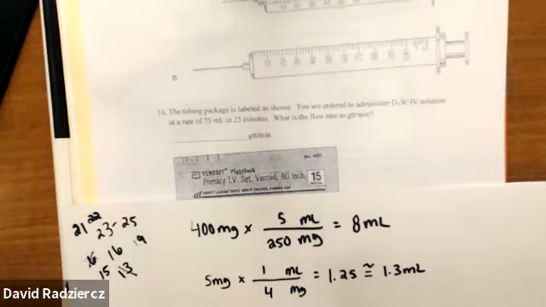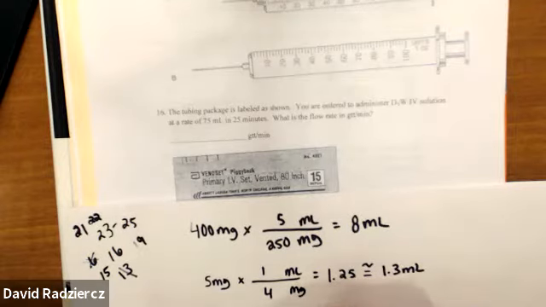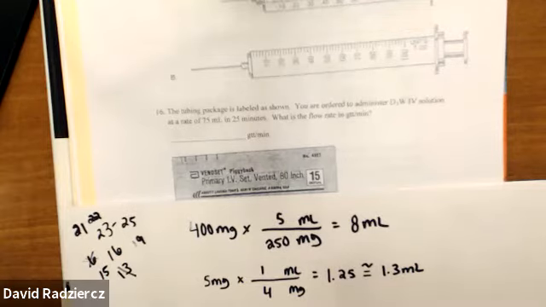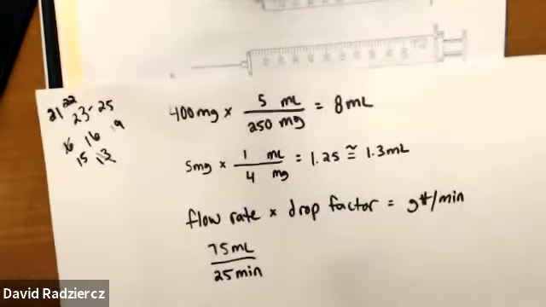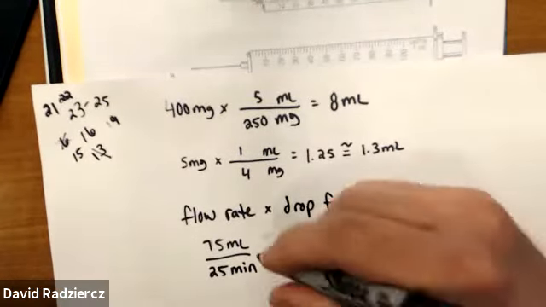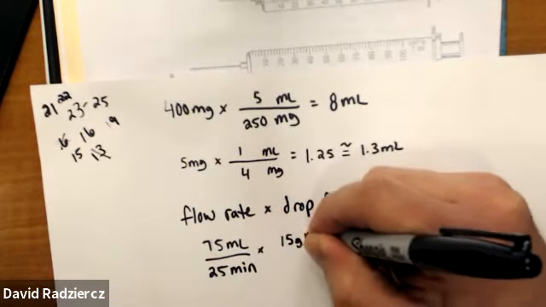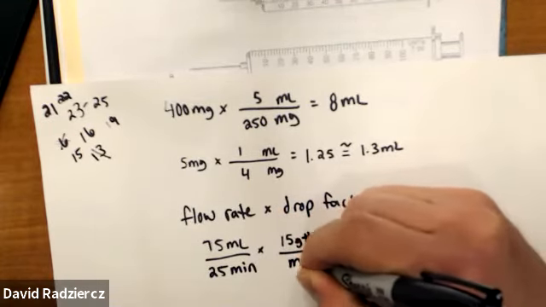Okay. So it says you're ordered to administer the dextrose 5% water IV solution at a rate of 75 milliliters in 25 minutes. So there's your flow rate, 75 milliliters, 25 minutes. We already identified the drop factor, which was the 15 drops per milliliter, because that was given.